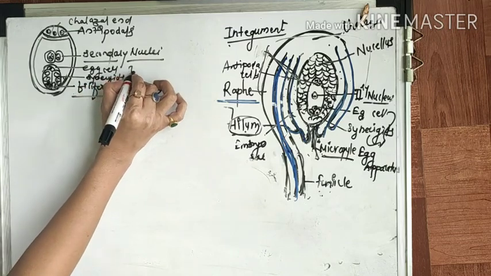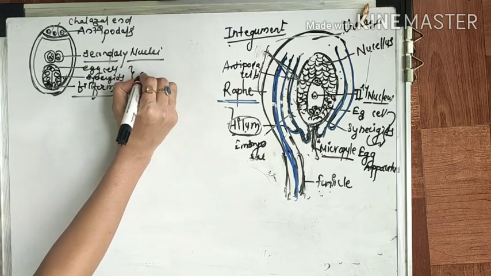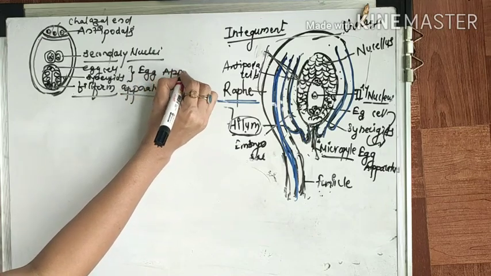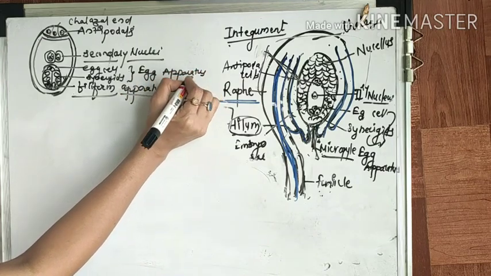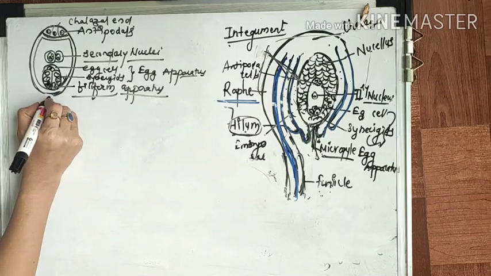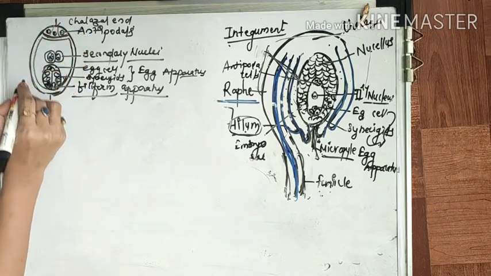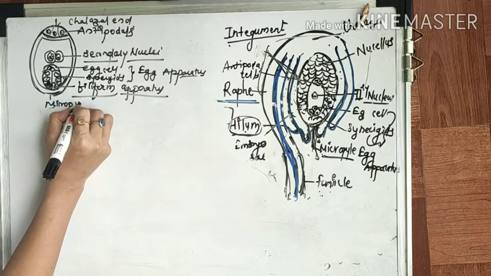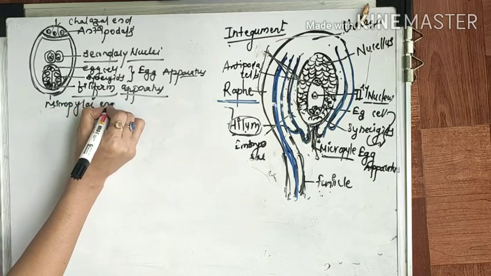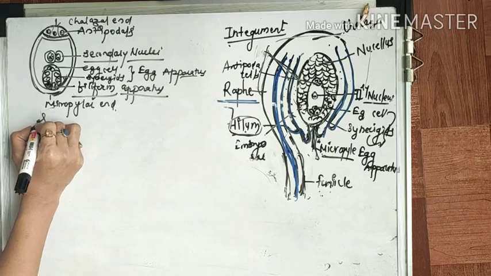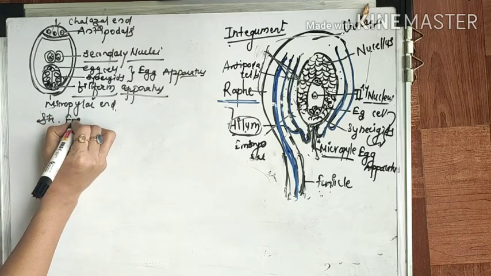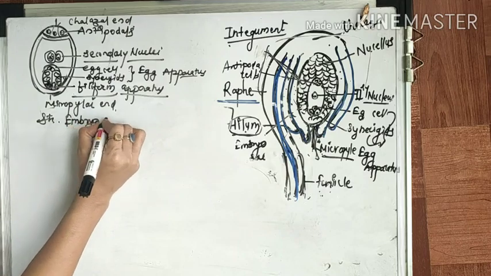Both the egg cell and the synergids form one structure, which is called the egg apparatus. This is the micropylar end and this is the chalazal end. And this is all about the structure of the embryo sac.